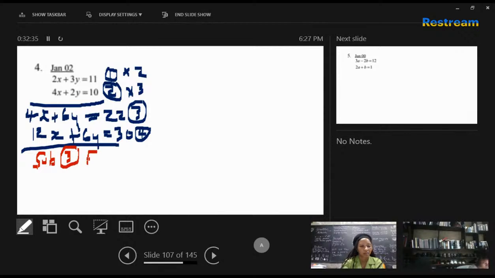Okay, so 12x minus 4x would be 8x. And the 6y cancels the 6y, so that's not there. So 8x is equal to 8. Divide both sides by 8, so x is equal to 1.